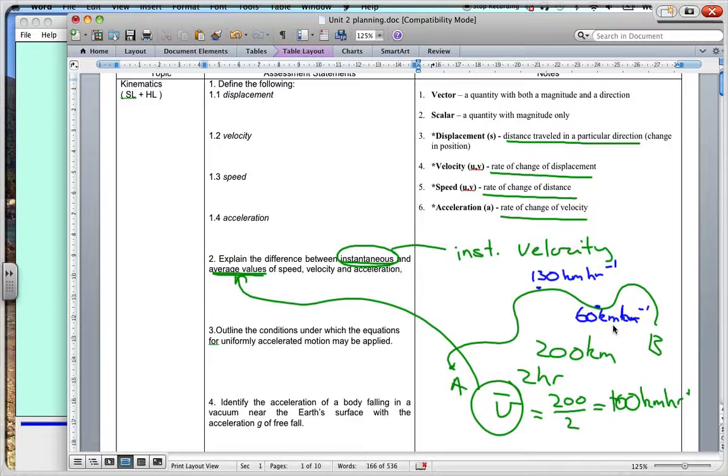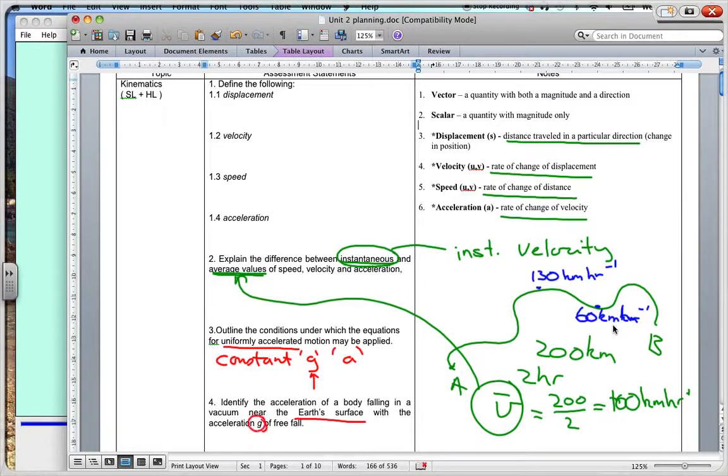Just to finish this off, outline the conditions under which the equations of motion for uniformly accelerated motion may be applied. This is when you have a constant g, and so it's a constant a or a constant acceleration. g is for when it's falling under the influence of Earth's gravity.